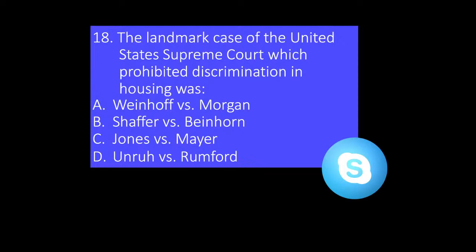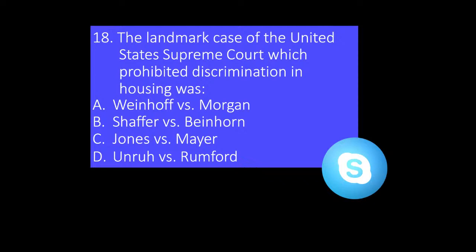I remember Rumford. Did you remember Unruh? No. All right, and the rest you don't remember, is that right? Yes. Okay, I can't blame you. This is a tough one. This is strictly memory work.